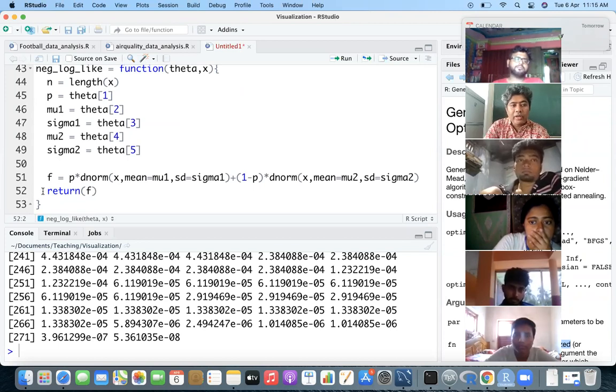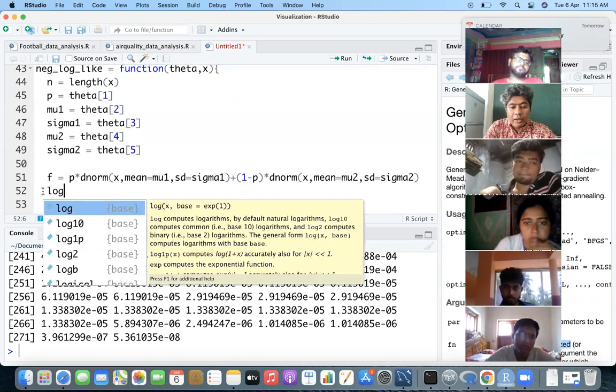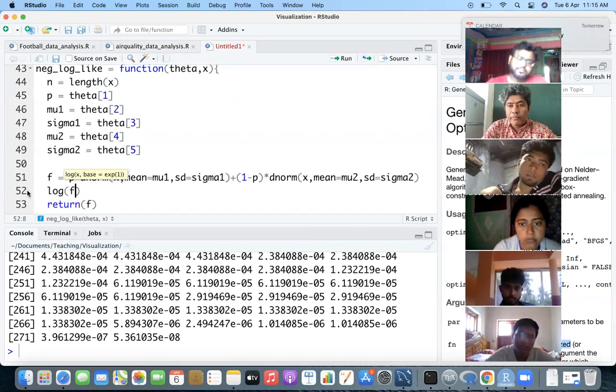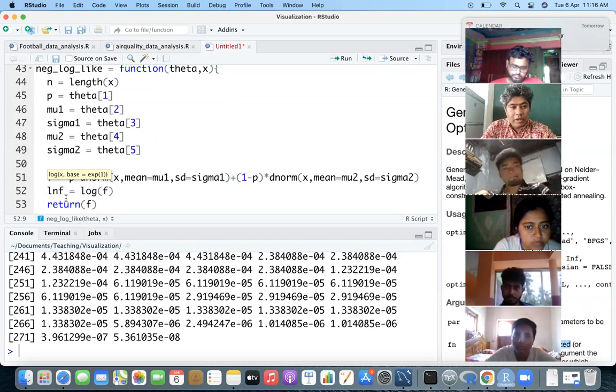Next thing I'm going to do is take the log of this. So I'm going to take the log of f as lnf, and I'm going to return lnf.